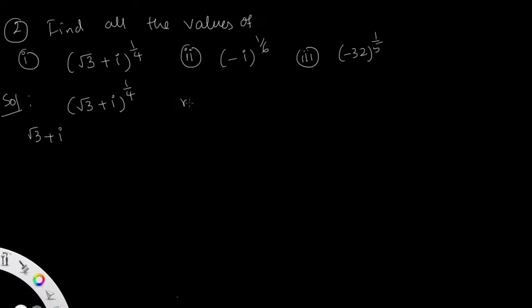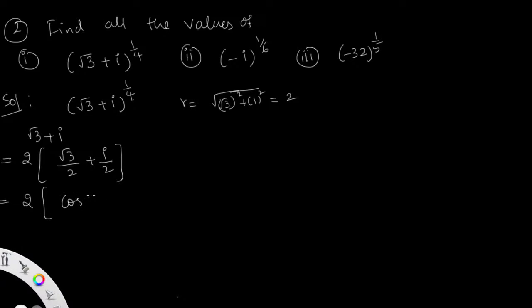So r equals the square root of (√3)² plus 1², that is the square root of 3 plus 1, which is 4, nothing but 2. So multiply and divide by 2: it is 2 into (√3/2 + i/2). Now write it in cis form, that is cos π/6 plus i sin π/6.